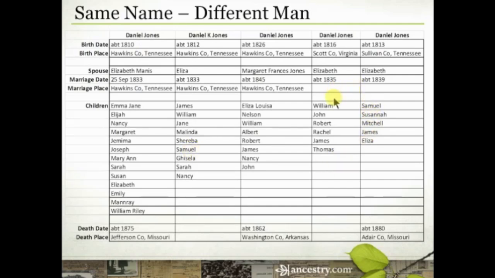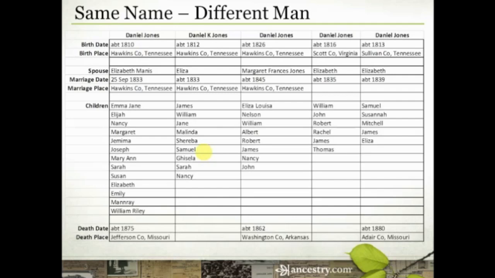Again, you're going to have to be able to sort out these families so that you know who these particular groups of people are, who these children belong to, okay? Is there really only one Samuel, or are there two Samuels? Are these two Samuels cousins? Are these two Daniels cousins, and their children migrated around or lived with different family members at different times?